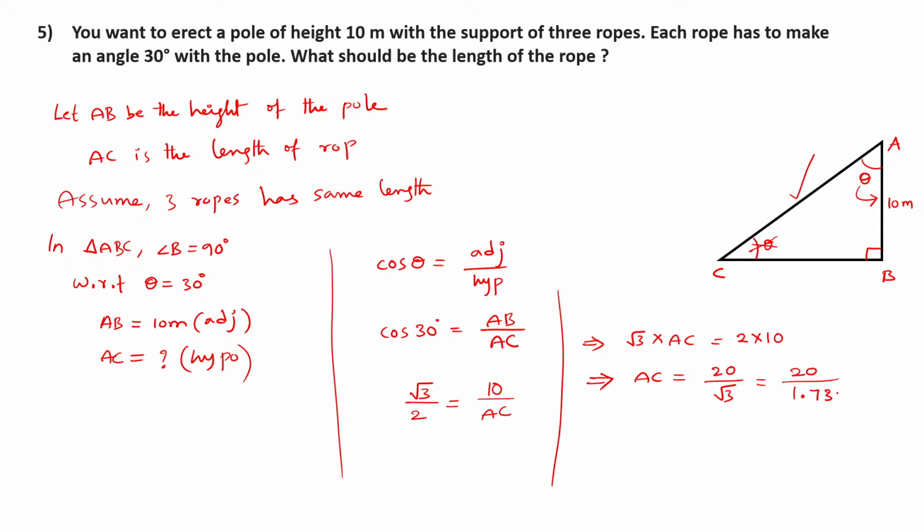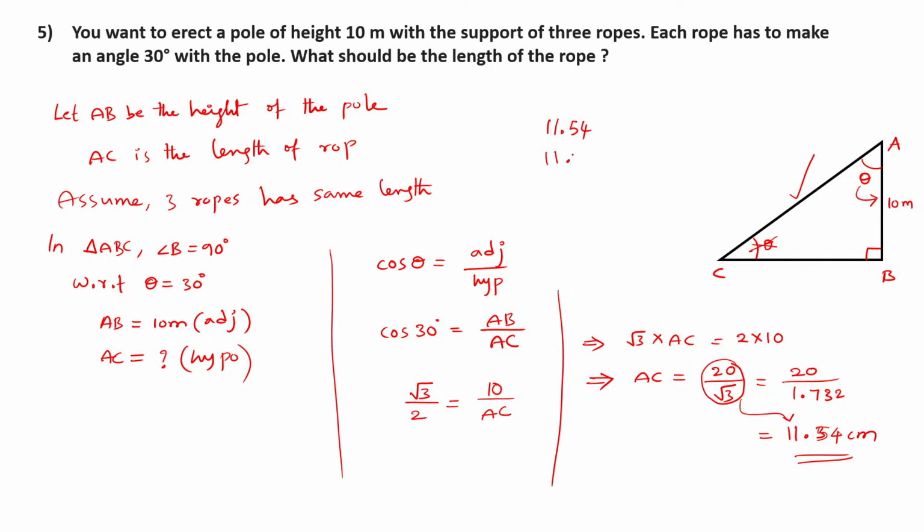Otherwise, if you divide 20 by 1.732, you will get approximately 11.54 meters. So you can stop here only. If you want to simplify it more, you can write 11.54 also. So this is how we find the length of the rope. Here one rope length is 11.54.